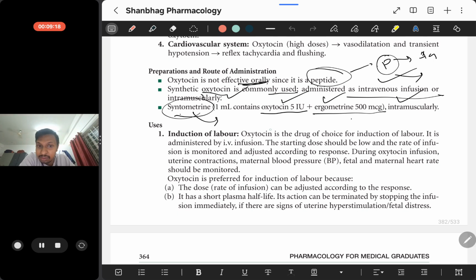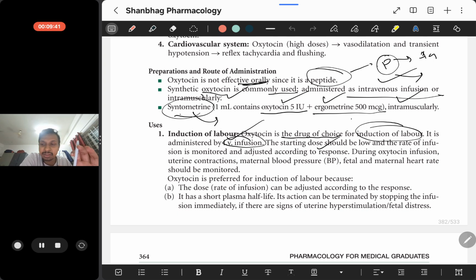Oxytocin is the drug of choice for induction of labor. Labor means contraction of the endometrium or endometrial contraction. We know that it cannot be given orally, so it is administered by IV infusion. The starting dose should be low and the rate of infusion monitored and adjusted according to response.